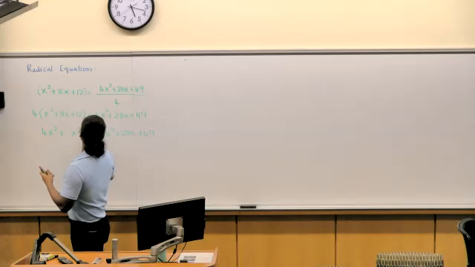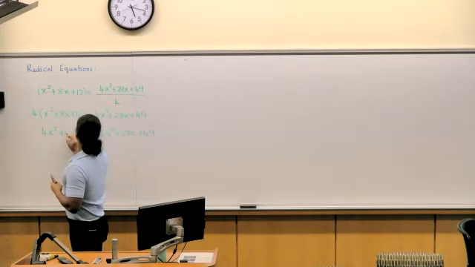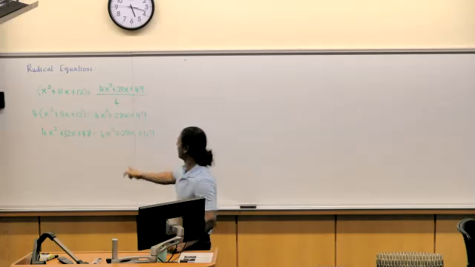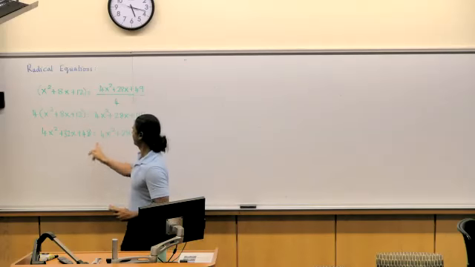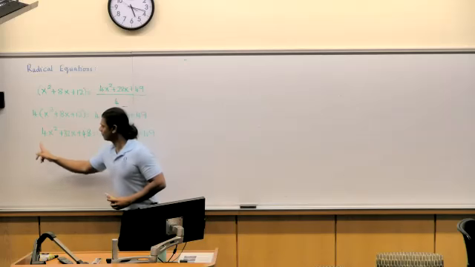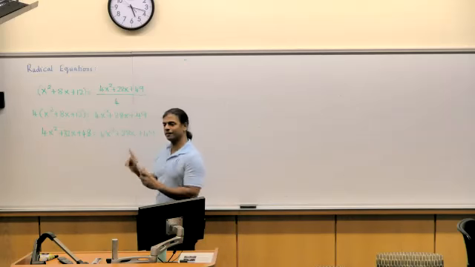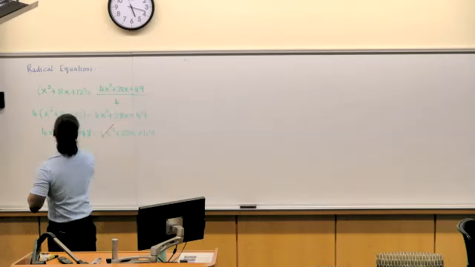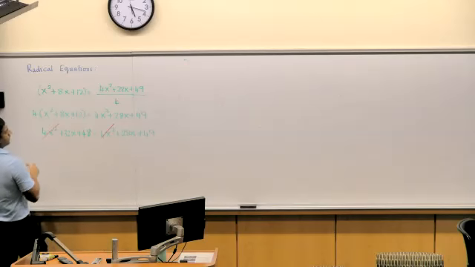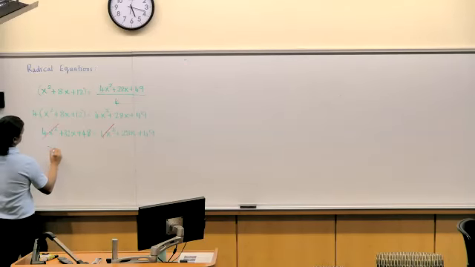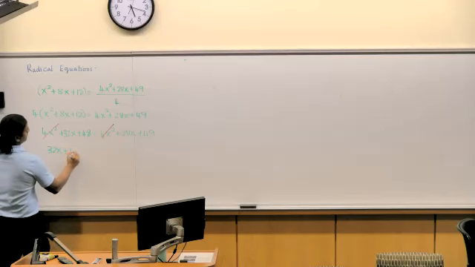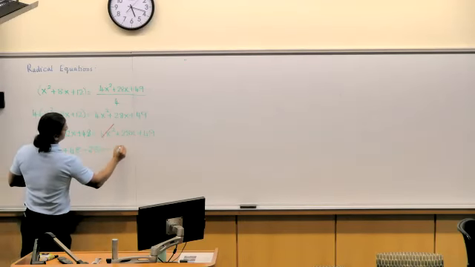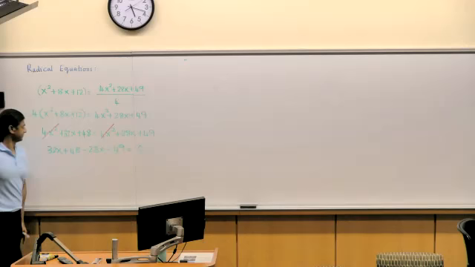It's a good thing you guys mentioned something. You see something incorrect, do let me know. I have 4x squared on this side, 4x squared on that side. What would happen to the 4x squared? It'll get cancelled. I can move the rest to one side, so 32x plus 48 minus 28x minus 49 equals 0.